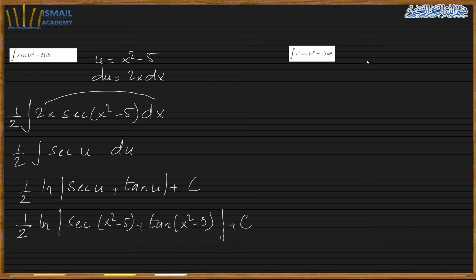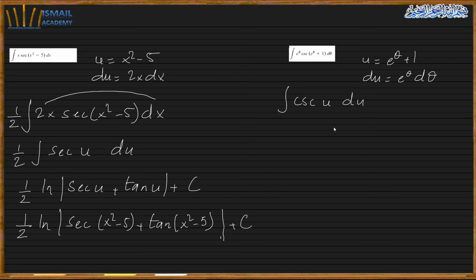So I use u is e^theta plus 1, so du will be e^theta d theta. So those two are my du, so I will end up having cosecant u du, and we know that the integral of cosecant is minus ln absolute value of cosecant u plus cotangent u.